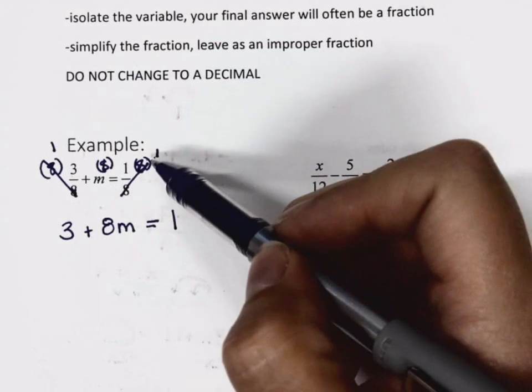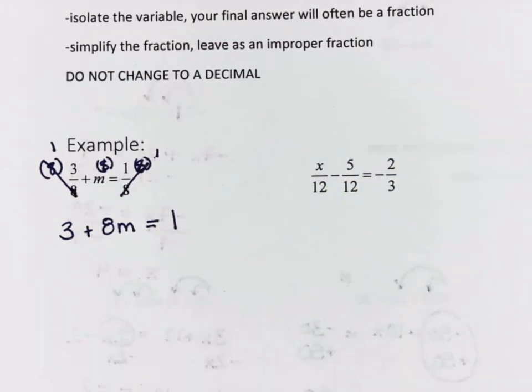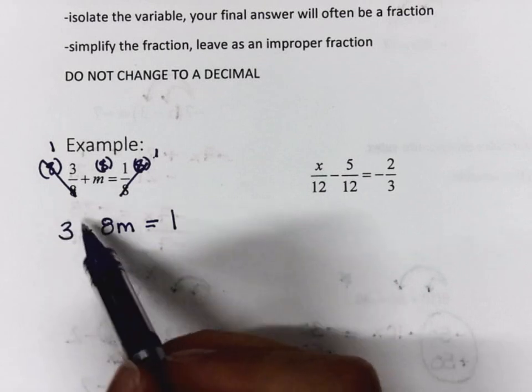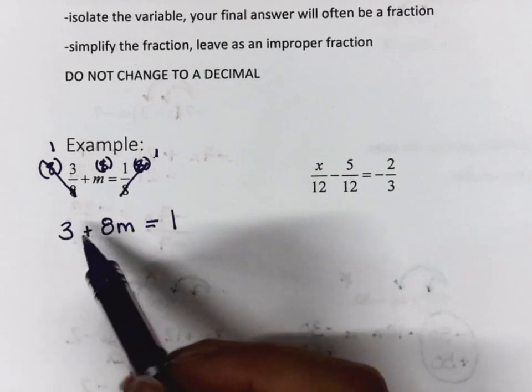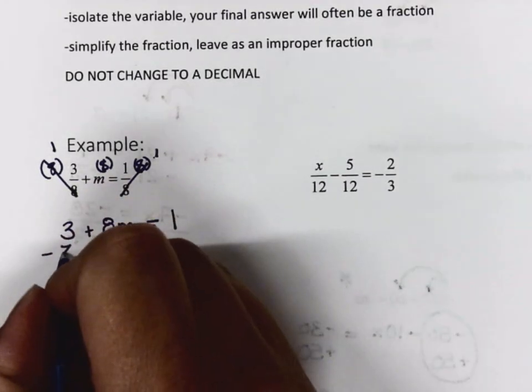So oftentimes I just cross them out and I don't even write the ones up there because anything times 1 is itself. But the next example I'm going to show you, you're going to see why I started that way. Okay, so this is just a 2-step. I want to get that 3 to the other side. I want to get it away from the variable. So it's a positive 3, so I'm going to subtract 3.